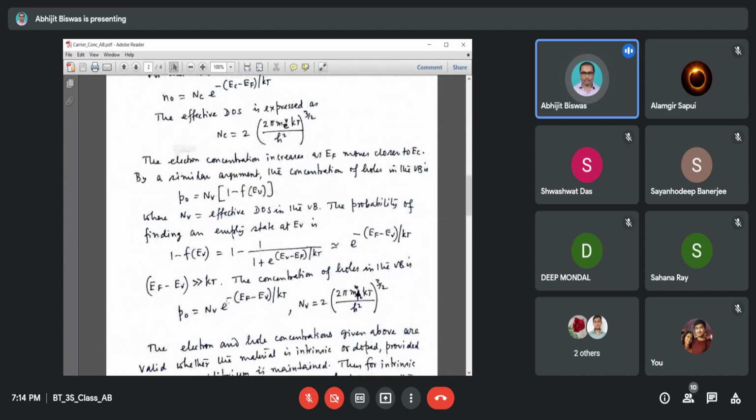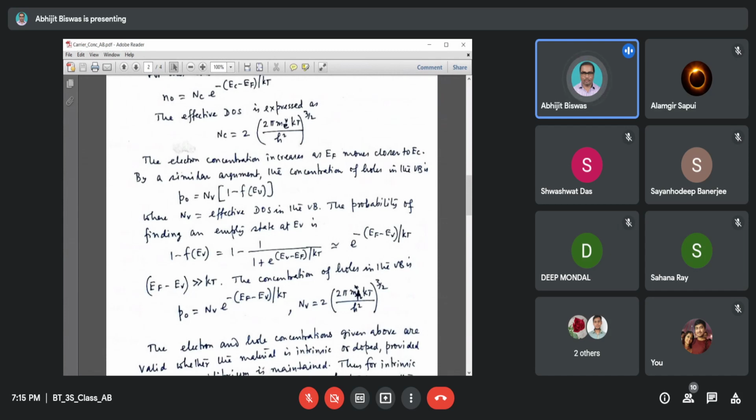So now you need to find the probability of finding an empty state at EV, which is 1 minus f of EV. That means 1 minus 1 upon 1 plus e to the power (EV minus EF) divided by KT. Here also you make the same assumption that you can neglect 1 with respect to the exponential term, and then you will arrive at e to the power minus (EF minus EV) by KT.